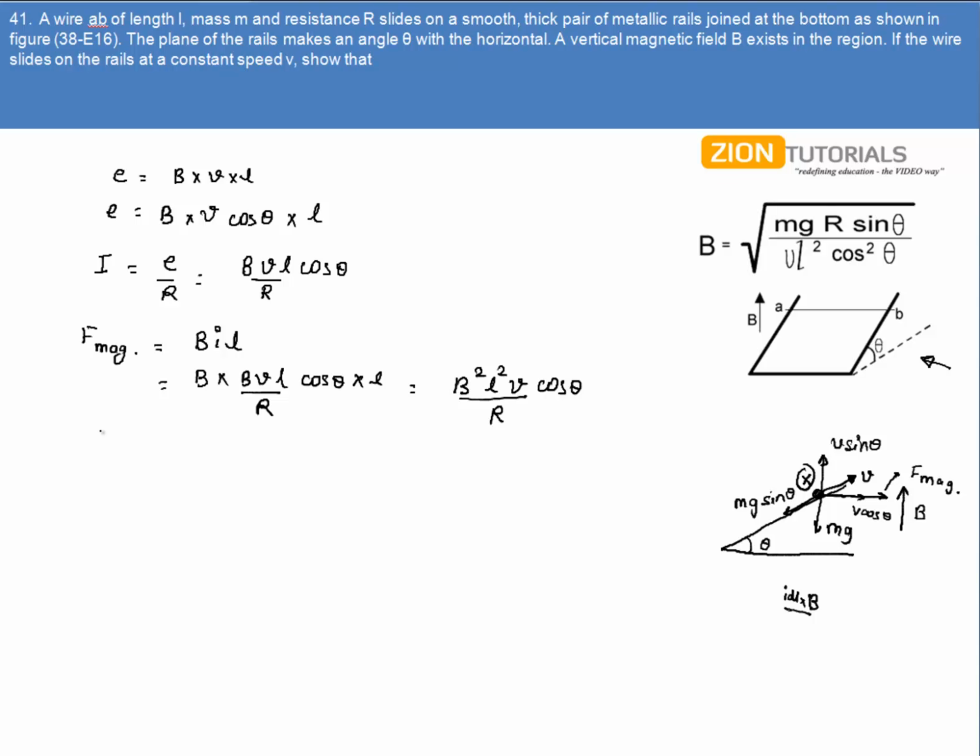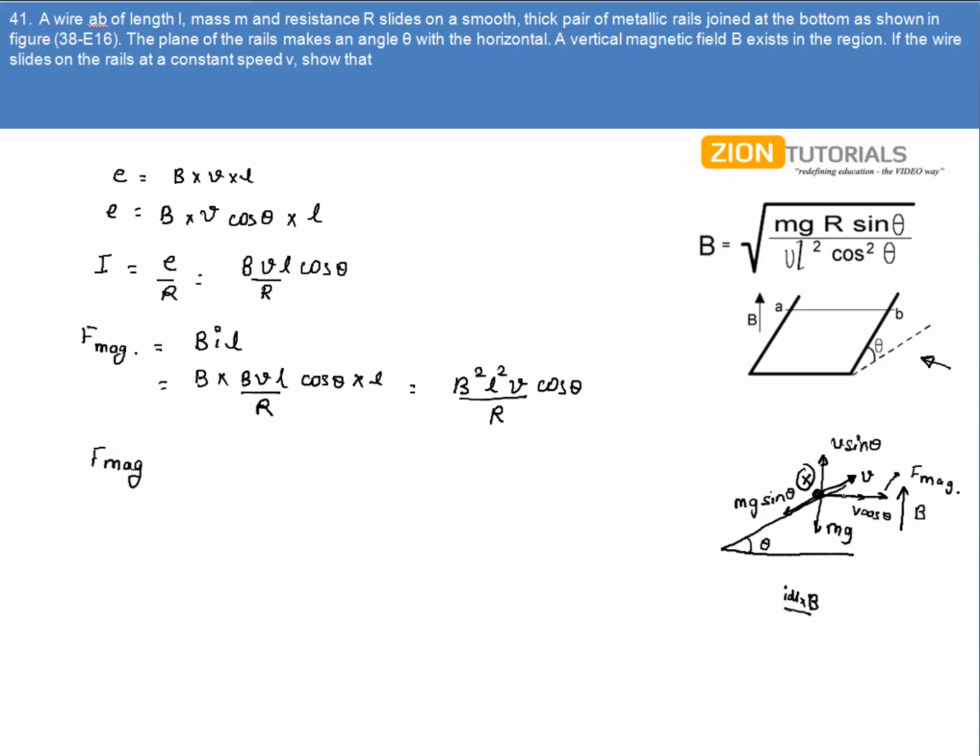Now since the velocity V is constant, the net force acting on the wire AB has to be zero. So this magnetic force F magnetic has to be balanced with the mg force acting on the wire.